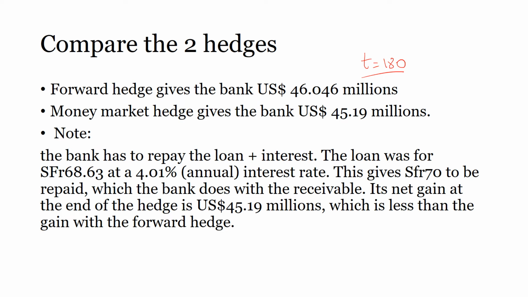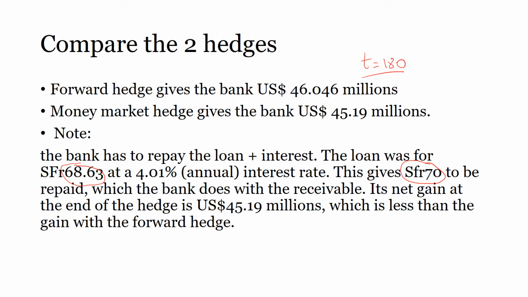There's a note here saying that because you have borrowed money, you have to repay it. But you have borrowed an amount of money that you know in the future will be equal to the amount of money you're going to receive from somebody. So in fact, what you repay is what you receive. You receive 70 million, you pay the bank you borrowed the money from, and that's it.